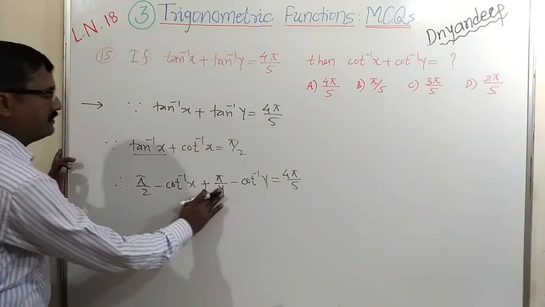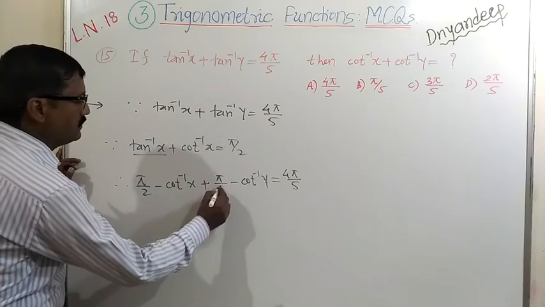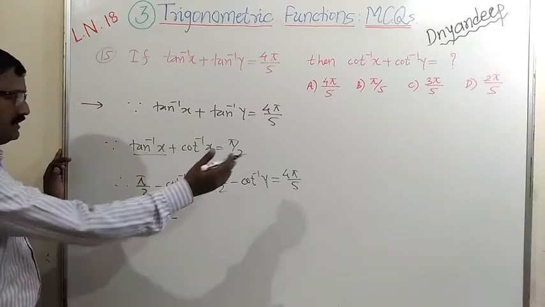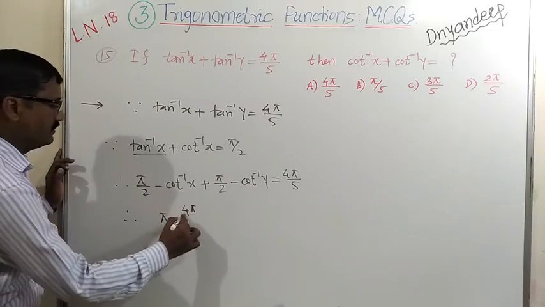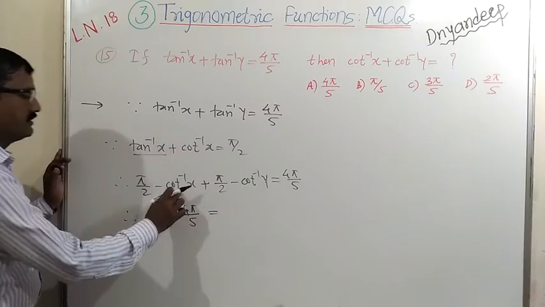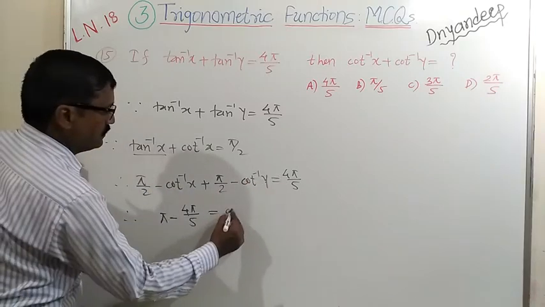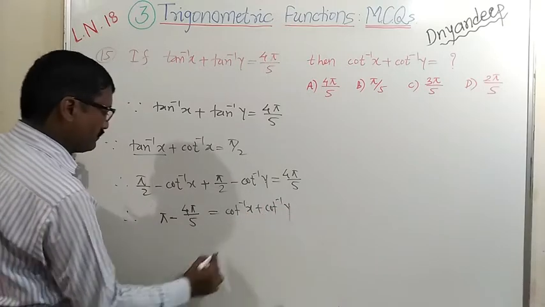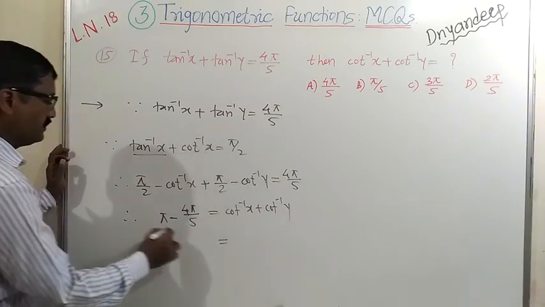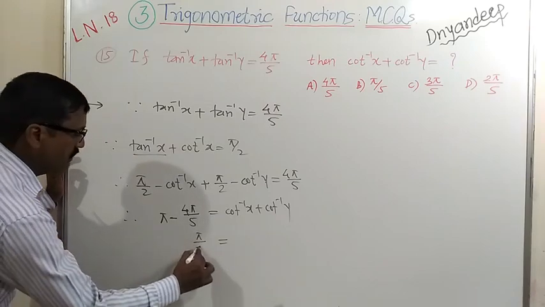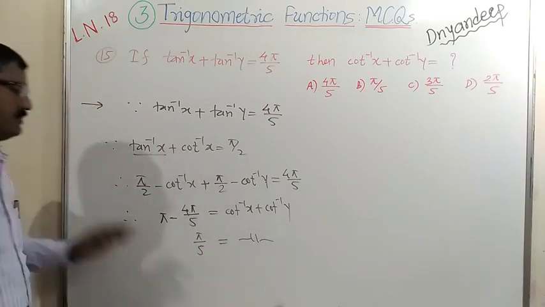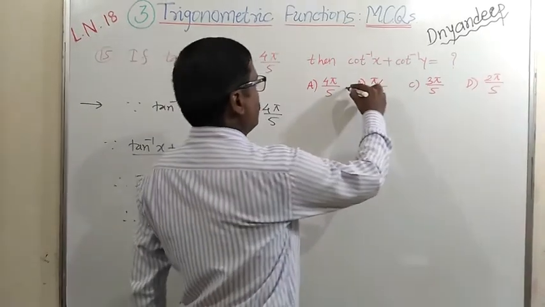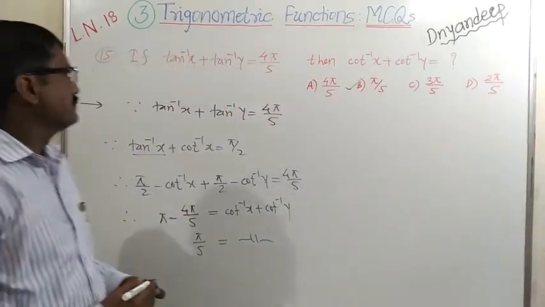This is pi by 2 plus pi by 2, that is pi, minus 4 pi by 5, and taking these two terms to the right, we get cot inverse x plus cot inverse y, and so it is equal to 5 minus 4, that is pi by 5. So cot inverse x plus cot inverse y is equal to pi by 5. So option B is the correct one.